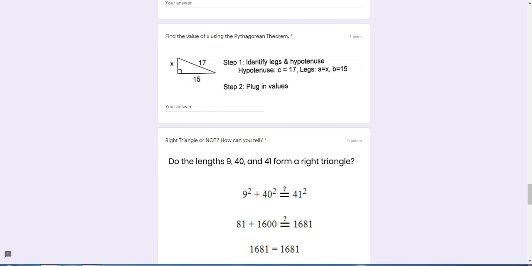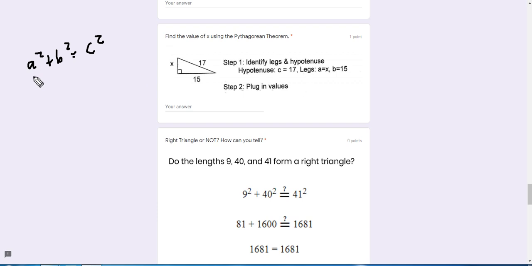Okay, here we go. You're going to probably need a nerd box on this one because we have 17 squared and 15 squared, unless you know those off the top of your head. I know 15 squared. I don't know what 17 squared is. I don't have that one memorized yet. But here we go. X is one of our legs and 15 is one of our legs. So a squared plus b squared equals c squared.